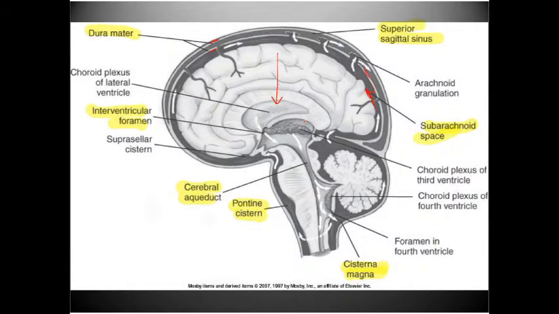This appears to be the lateral ventricle, with this being the third ventricle, with the cerebral aqueduct or aqueduct of Sylvius, with this being the fourth ventricle, this being cerebellum, and then this being the cerebrum. Here we have the pontine cistern, cisterna magna, and we'll look more closely at this when we actually get to CT.